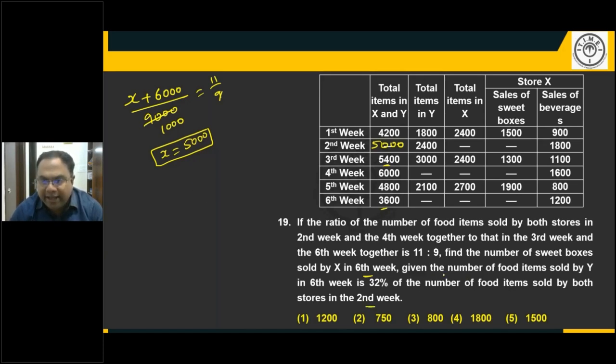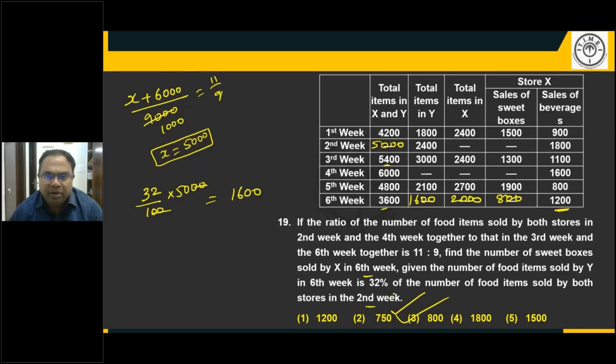So Y here in sixth week is 32% of that. 32% of 5,000 is 1,600. So food items sold by Y is 1,600. So X is how much, ma'am? 2,000, because total 3,600 minus 1,600. In this 2,000, 1,200 are beverages. So how many will be sweet boxes? 800. Choice 3.